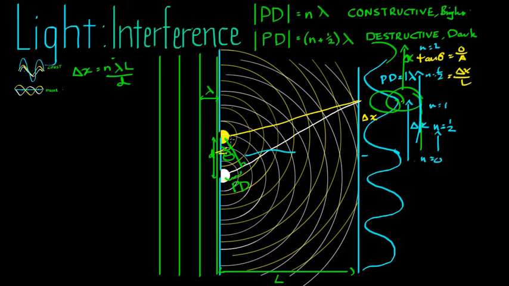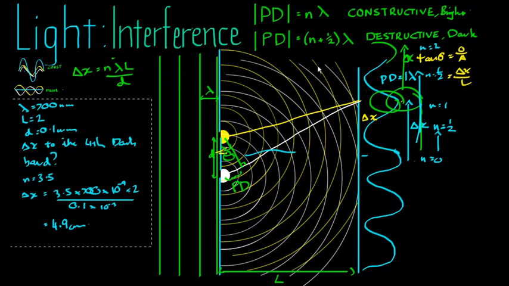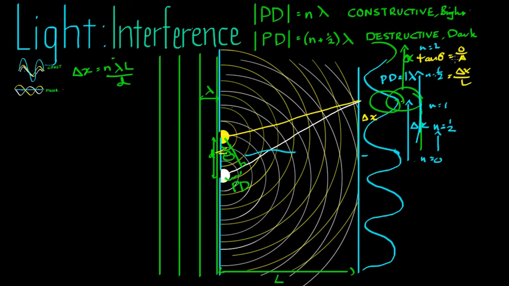That's what's happening along these lines here. If you find that the path difference is either half a wavelength, that's when n equals 0, 1.5 wavelengths, that's when n equals 1, or 2.5 wavelengths, that's when n equals 2, you'll get waves that look like that sum to 0. You'll get destructive interference or a dark band.